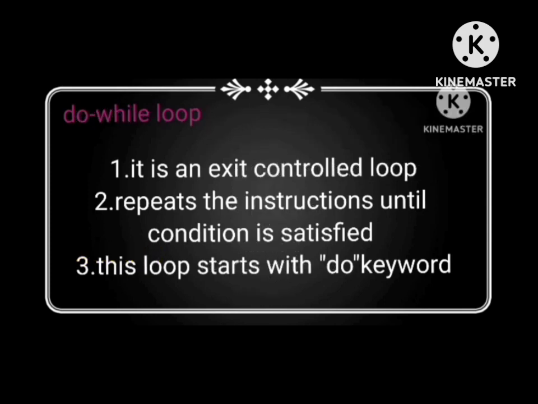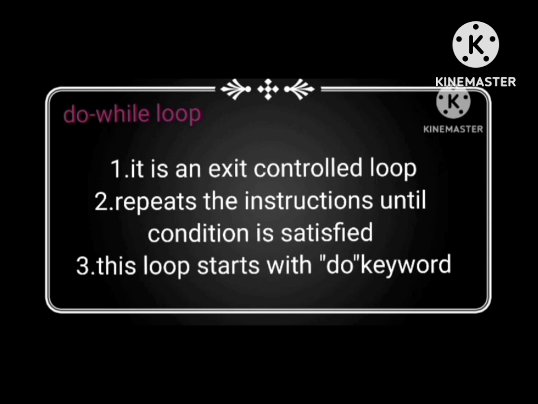Do while loop. It is an exit control loop statement which repeats the instruction until the condition is satisfied. It is also called a bottom tested condition. In a do while loop, first it executes the body, then it checks the condition. If the condition is true, again it executes the body until the condition is false.